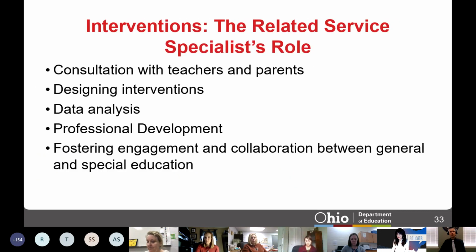And I saw some questions in the chat about interventions. Boy, I hear you. I'm all over that because I think this is becoming a huge issue, and it's only going to become more huge as we get into MTSS, and many of your school districts already are. I get feedback all the time that related service providers are providing direct interventions to sometimes as many as 20, 30 students. And I think, oh my goodness, that certainly is going to impact our workload.